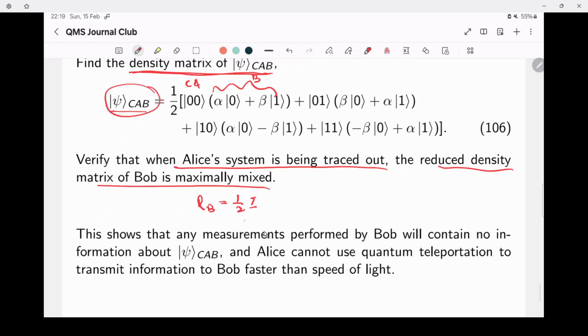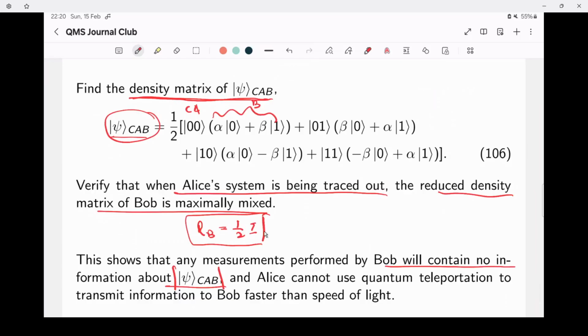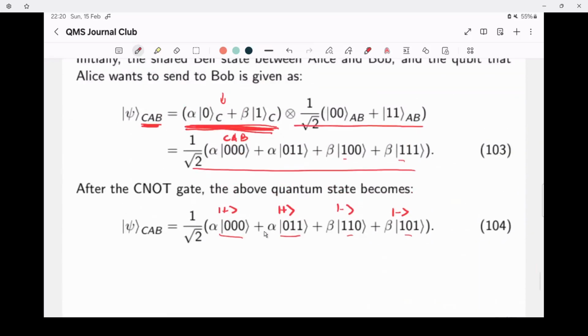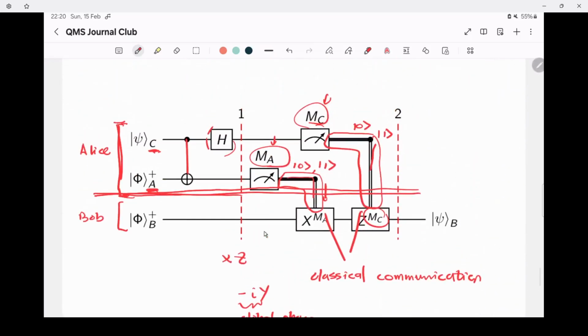Once you verify this, it shows that Bob does not have any information on how Alice prepares the qubit C. So that's why Alice cannot use quantum teleportation to send information faster than the speed of light, because there is this layer of classical communication that Alice needs to send to Bob so that Bob knows what to do to his own qubit.